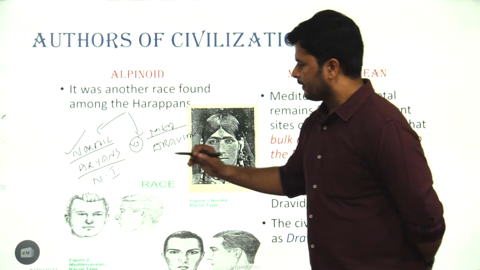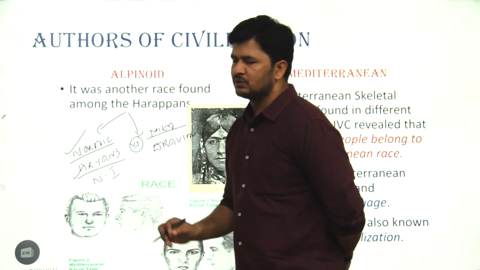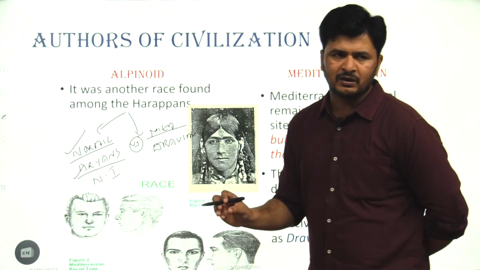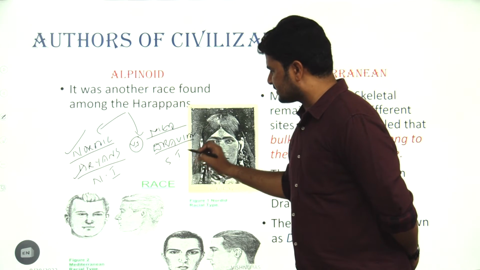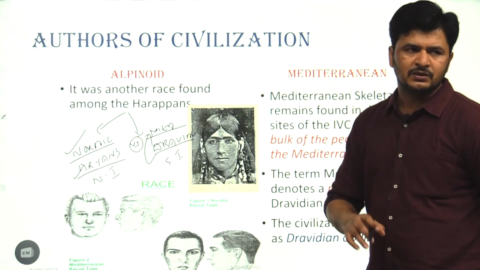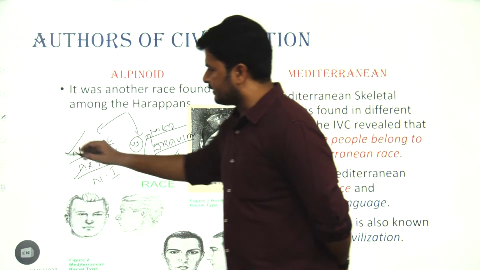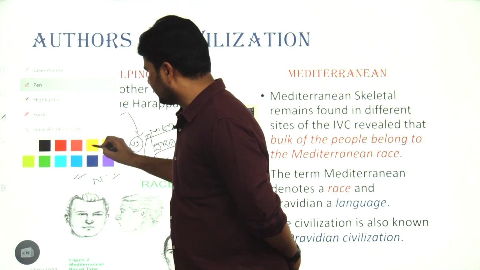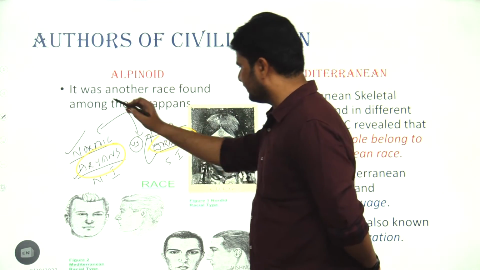Very simple: the people of North India, otherwise called Aryans, belonged to a race called Nordic race. The people of South India, otherwise called Dravidians, belonged to a race called Mediterranean race, no doubt about it. Now with this background, we understand one more technical term, that is Aryans and Dravidians.